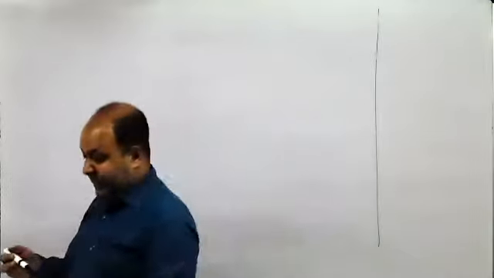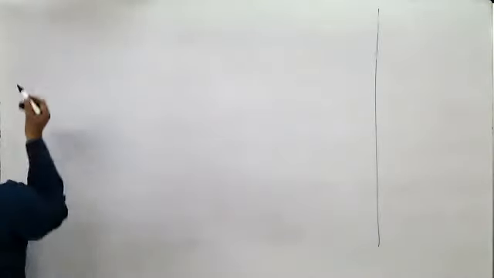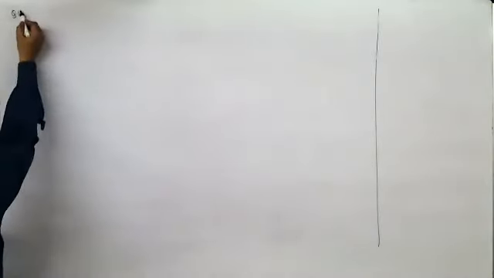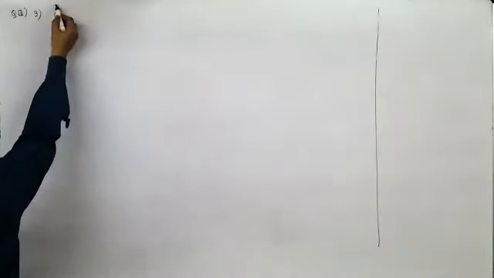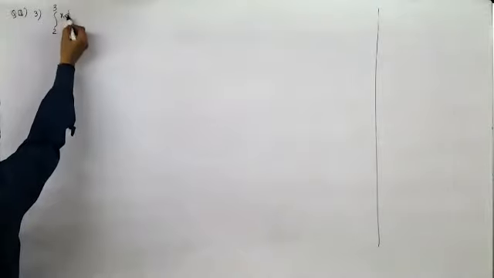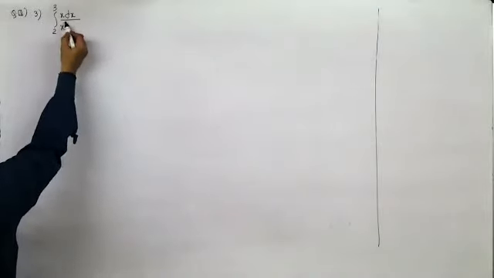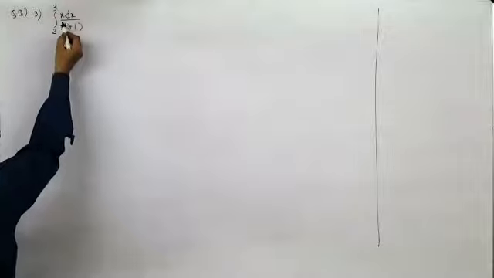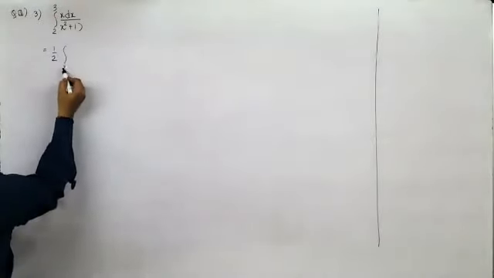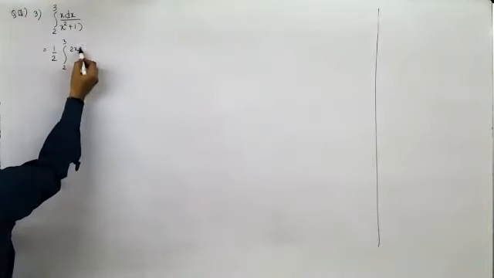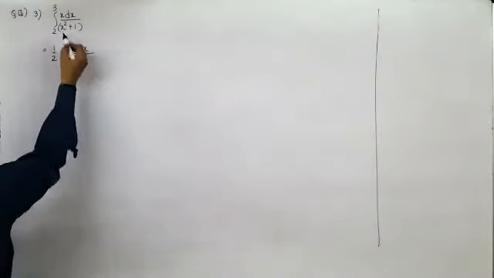Next one is x upon x square plus 1, that is question number 3, the third part, between 2 and 3. Now, if you observe here, this is linear, this is quadratic, so I'll multiply by 2 and divide by 2. So I'll get 2x dx upon x square plus 1.